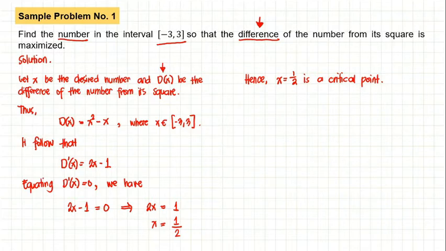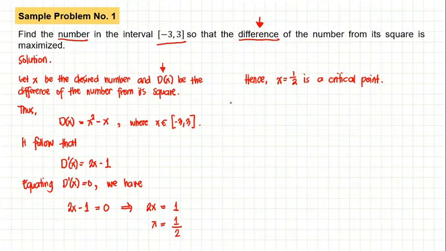Next, step 7, we will compare now the values of f at the critical point and at the endpoints. So we will evaluate now the function, which is f of x equal to x squared minus x at the endpoints, which is negative 3 and 3, and at the critical point, which is 1 half.